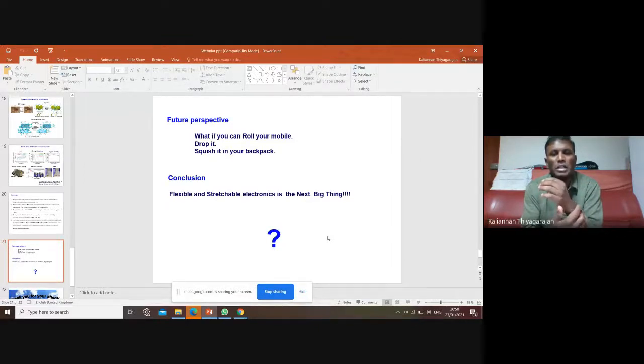Under stretching or bending, the piezoelectric material tends to generate voltage, and it will be transferred to the supercapacitor, which can hold it. And now stretchable batteries and stretchable supercapacitors keep on developing.